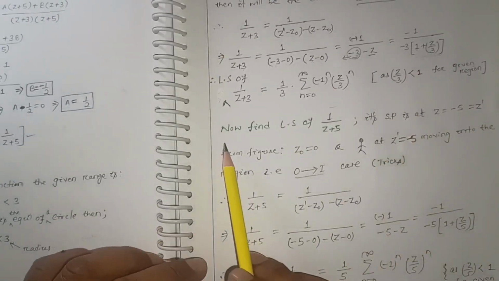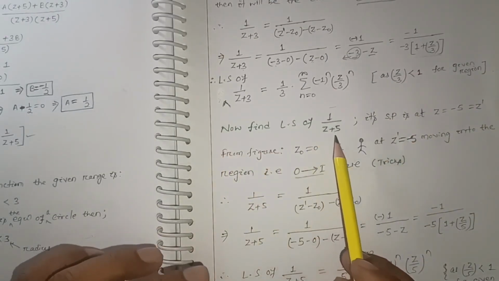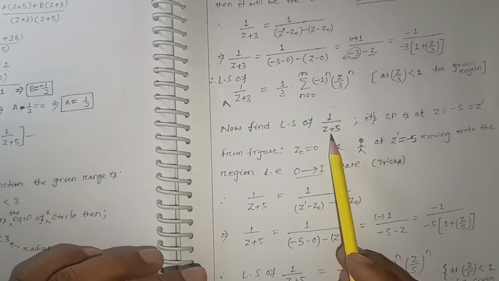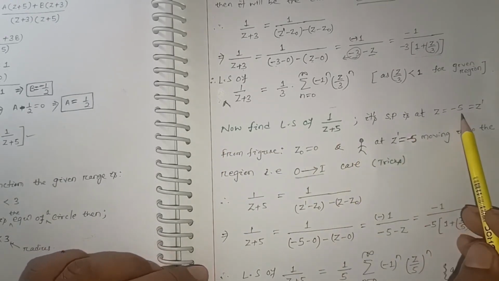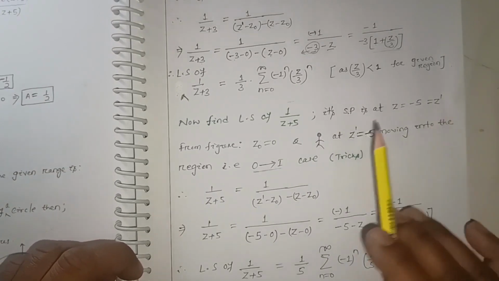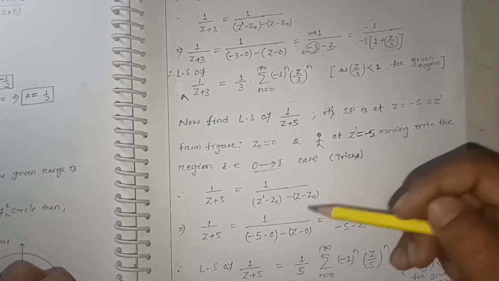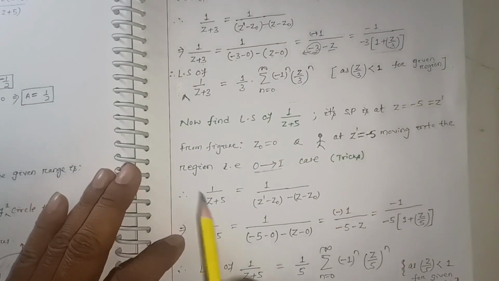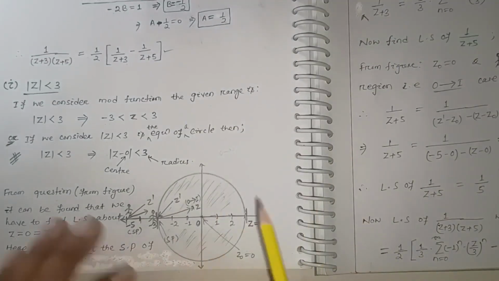Got it? Now we are going to find the Laurent series of 1 by z plus 5. Its singular point exists at where? Minus 5. That means this point will be considered as your z dash, from where you are going to move to the specified region. So from the figure, z0 is your 0.